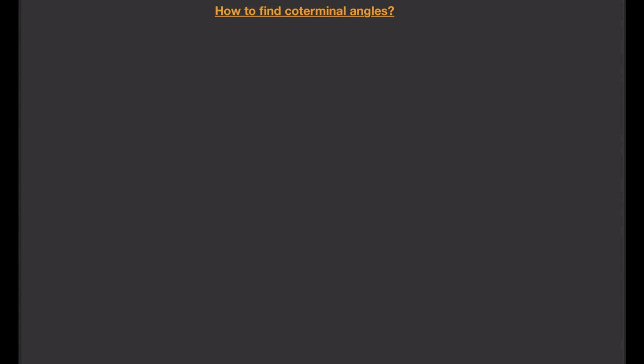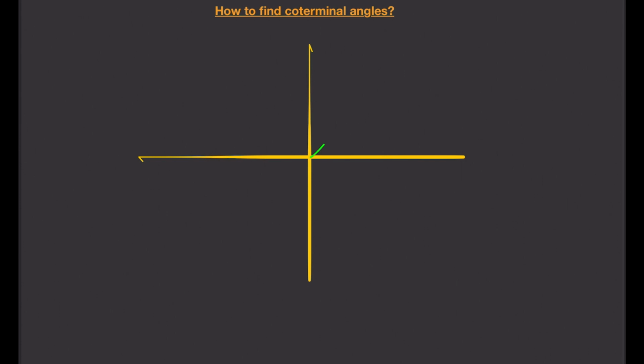Remember, for example, if I draw a Cartesian plane and my angle is in standard position, let's say I have an angle of theta there, so that's the initial side. How do I find an angle that is coterminal to that angle?